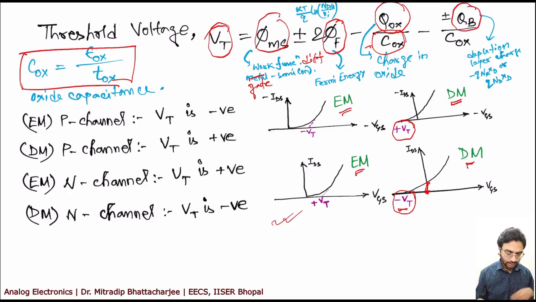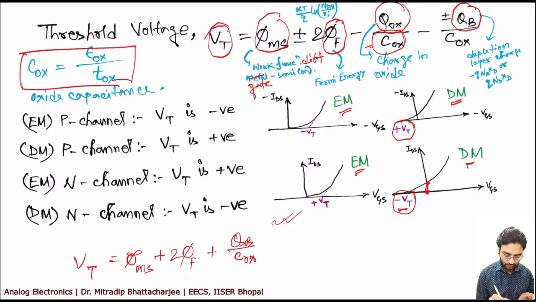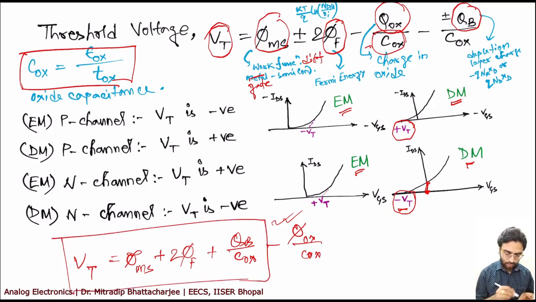I have already said that for an NMOS it will be VT equal to phi ms plus 2 phi f plus QB by C ox minus this third term, Q ox by C ox. You will find in many books it is written up to this much.